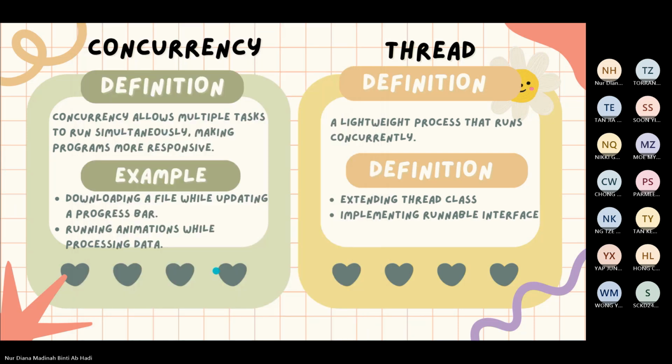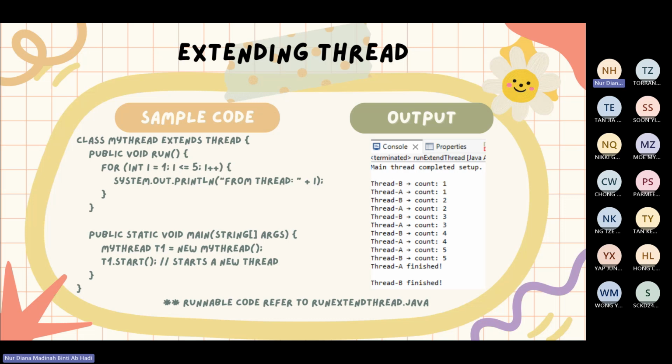So, when we talk about a thread, it is a lightweight process that runs concurrently. Lots of threads run together at the same time. Okay? In threads, we use two types. One we extend, one we implement. So, this is the sample code for extending your threads. Let me show you how the thread runs.